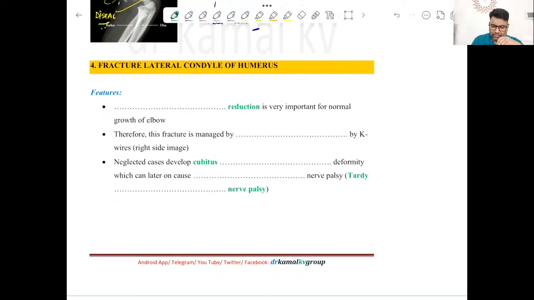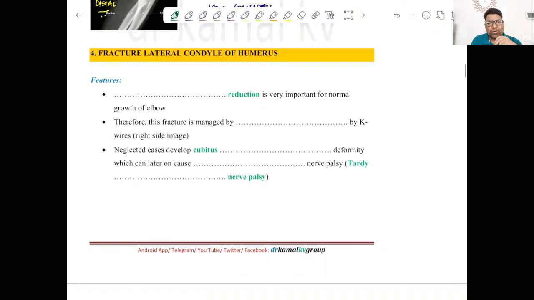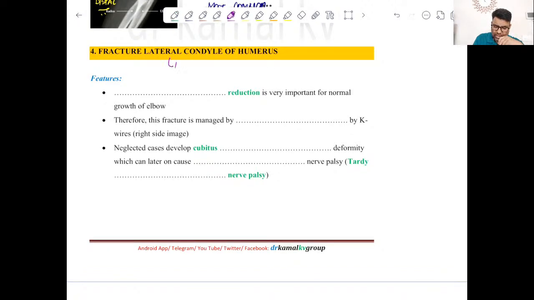Then another entity is fracture lateral condyle of humerus. Now this is actually an intra-articular fracture. I think most of you must be knowing what is intra. Intra means inside, and articular word is joint.